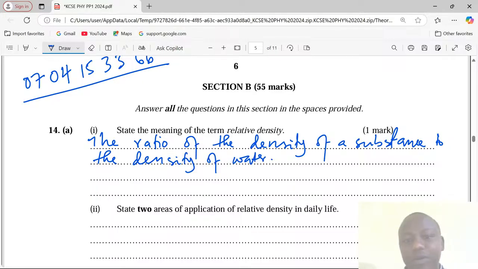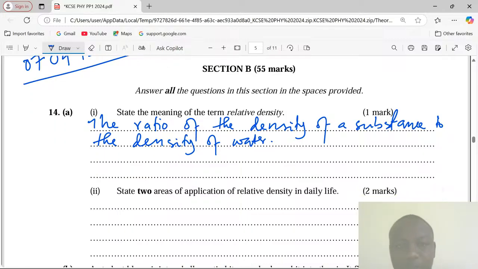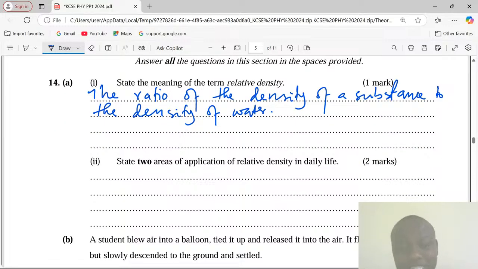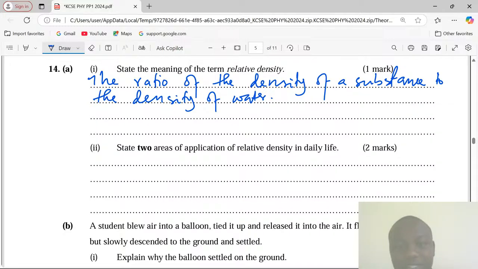So it's a ratio, and people should understand that relative density has no units.